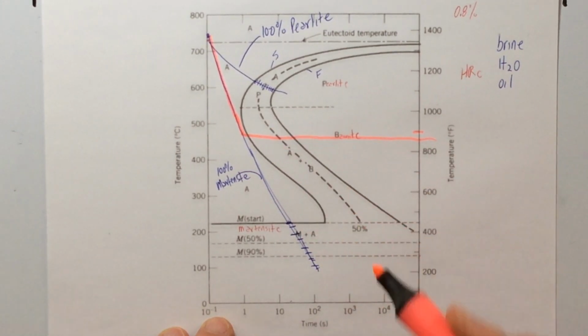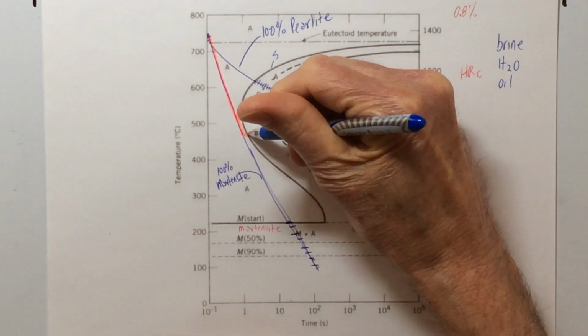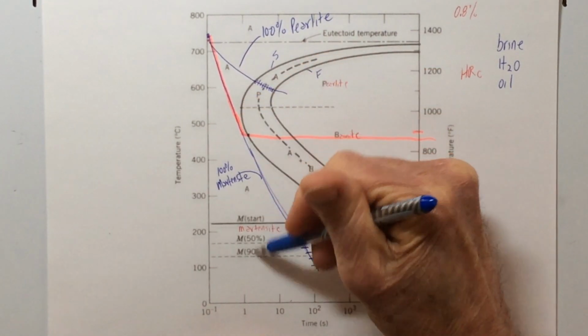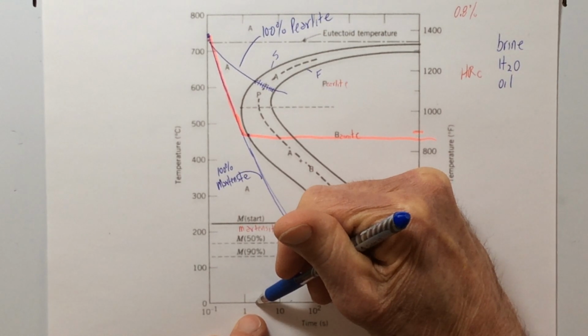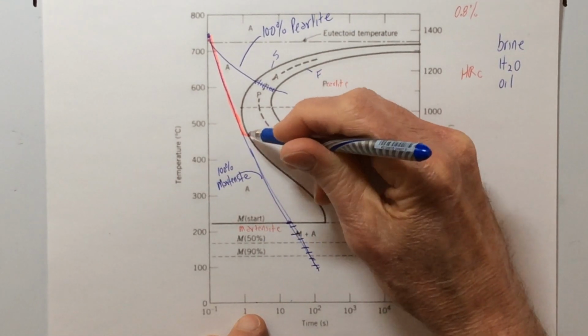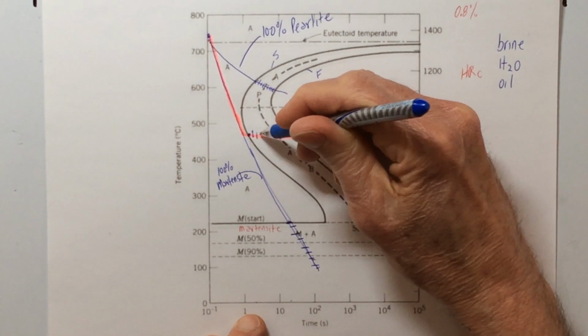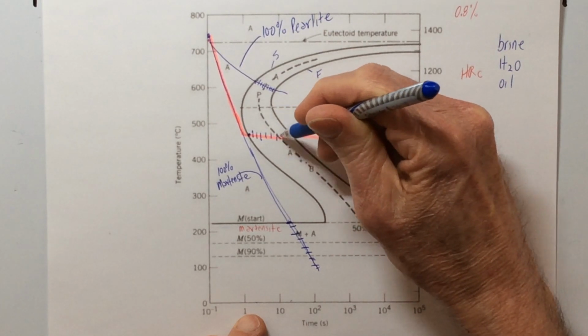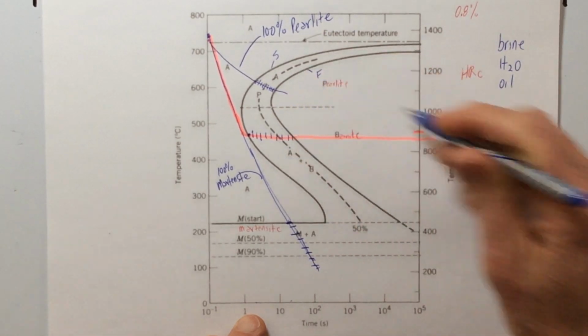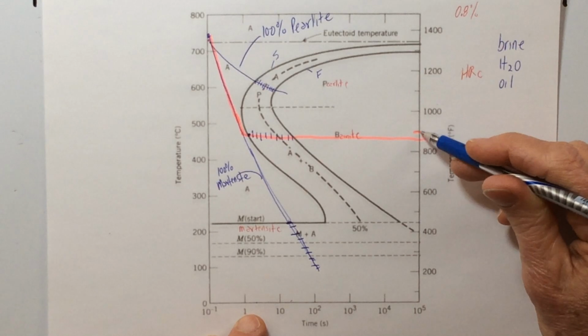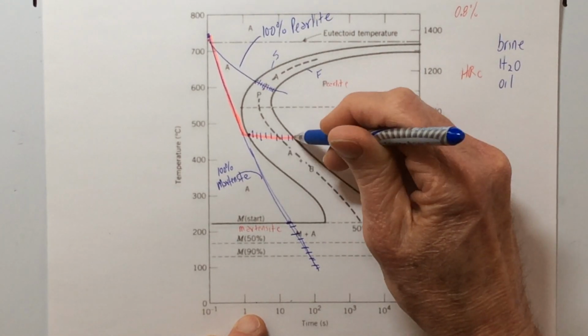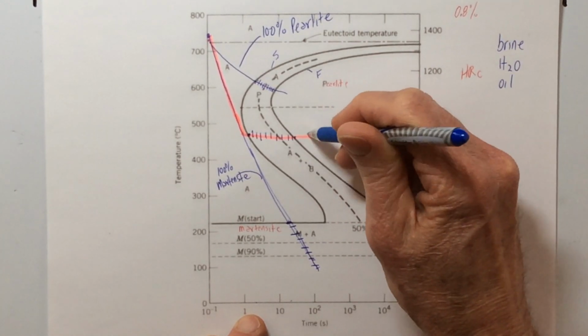And so you can see now that this structure enters Bainite right here at about 5 seconds, 3 seconds. All right. And then it goes into the salt bath where it holds that temperature constant at this little less than 900 degrees and finishes off in Bainite.